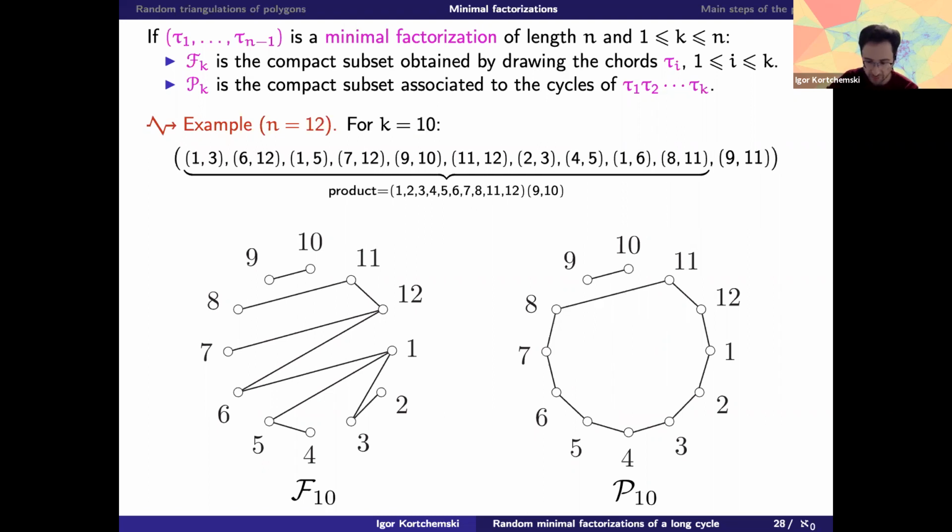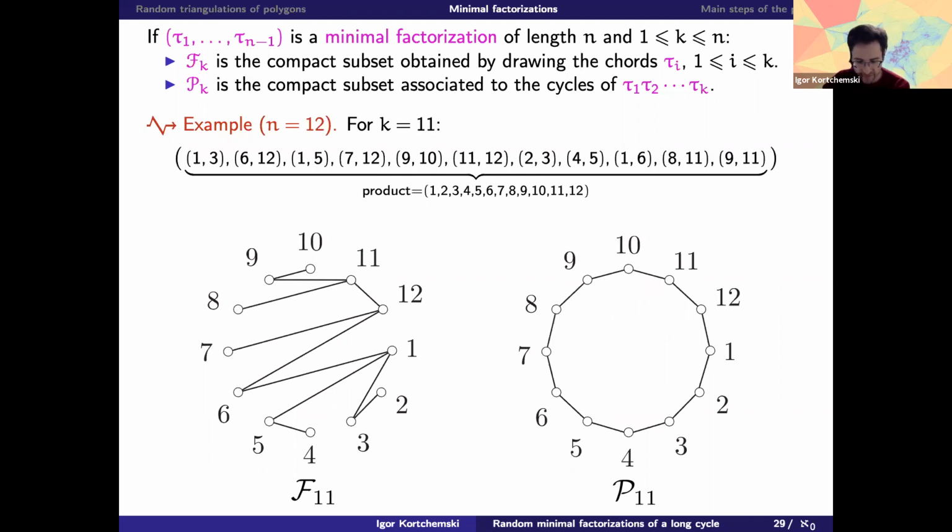And in the end, in this example, on the right, we get the polygon, which is normal because the product is the cycle. And on the left, we get a tree, which is non-crossing in the sense that the chords are non-crossing. And it turns out that this is not a coincidence.